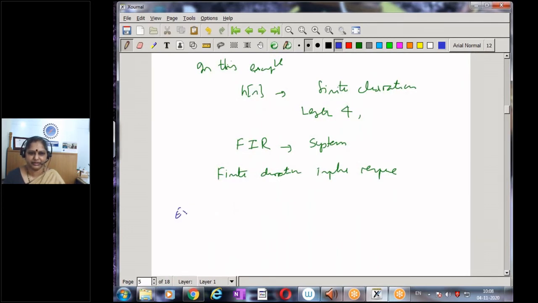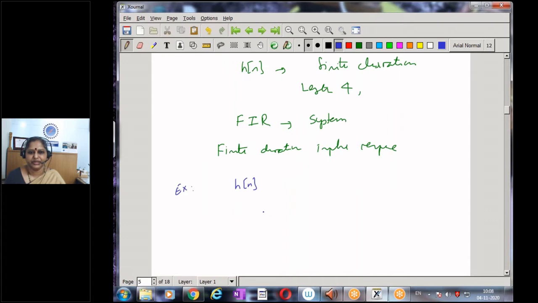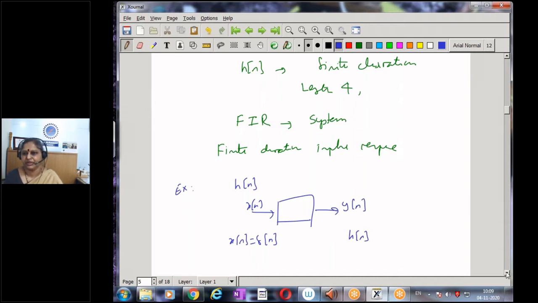Let's take another example of computing the impulse response from the difference equation. Once again, we know that the input is x of n, I have a system, and I have the output y of n. If my input x of n is equal to the unit impulse function, the output which I get is known as the impulse response h of n.